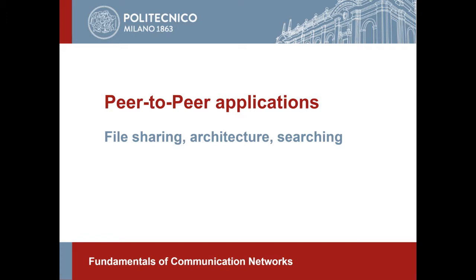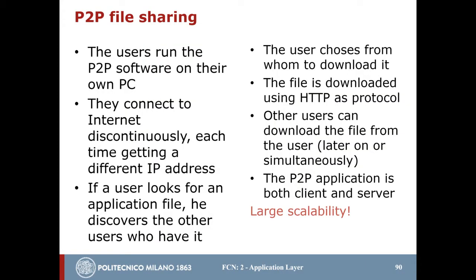In peer-to-peer file sharing, the user runs peer-to-peer software on the PC. It connects to the internet in a discontinuous way, so each time it gets a different IP address, and it looks for a file, let's say video content or other types of content, which is made available by somebody in the network.